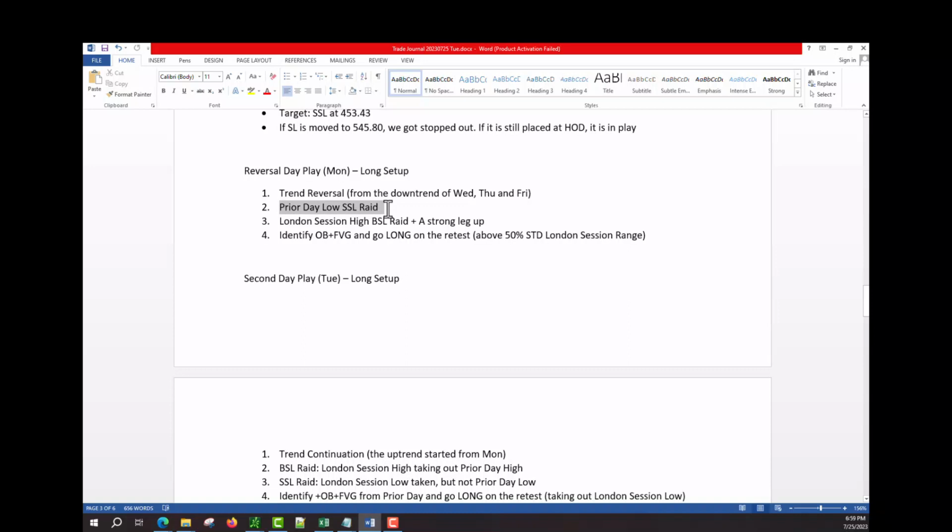The signal first is the Friday low was taken out, and then London had a strong leg up, and right after that the buy side liquidity of London was raided. That means it's really going up right there. Then our job is to identify the order block and go long on the retest or pullback or retracement, and make sure it's above 50% of the London session range.